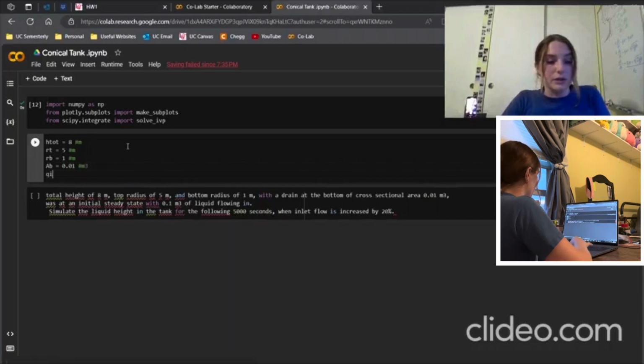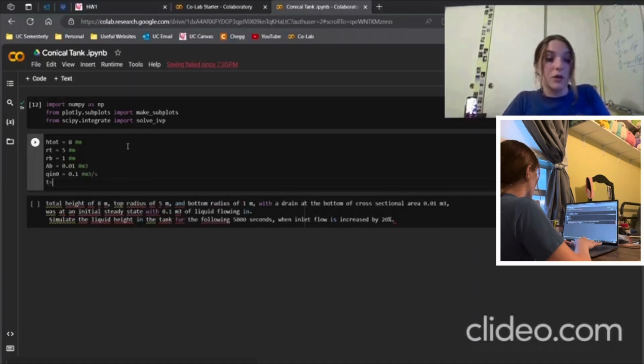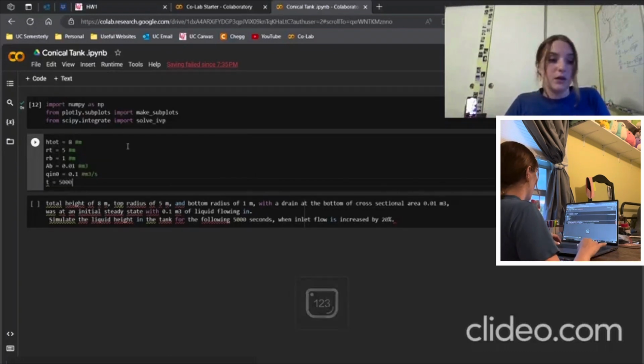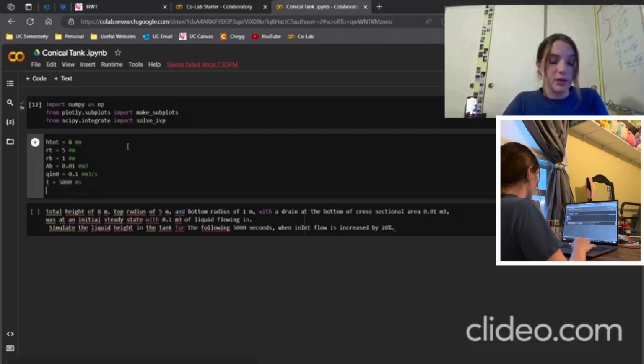And our initial Q in at steady state, so this is going to be our Q in naught, is 0.1 meters cubed per second. The total time we are going to run our system for is 5,000 seconds. And I am just going to make a note to myself that Q in is going to be increased by 20%.